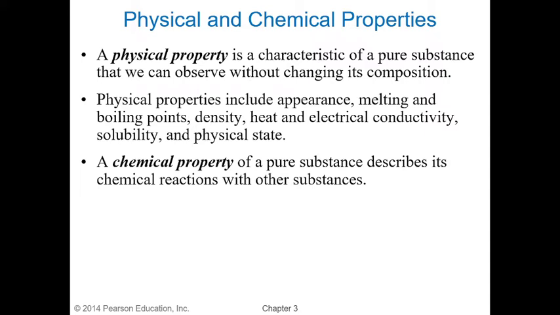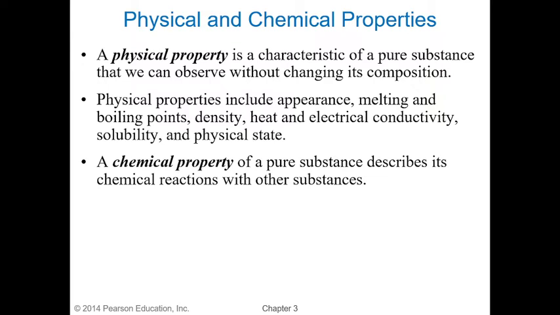So, sulfur is color yellow, it's brittle. So, anything that you can describe dun sa ating sample without changing its composition, then that is a physical property. That includes the appearance, yung color, ano ba siya, crystalline ba siya, anong appearance niya. So, yung melting and boiling points, density, heat, electrical conductivity, solubility, and physical state. So, these are all physical properties.